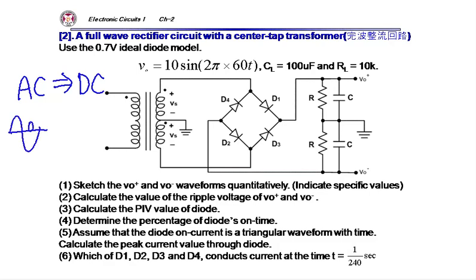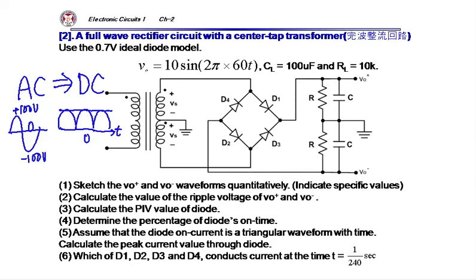Our power transmission system is based on AC, so we have to convert this AC voltage into DC voltage, right? It just converts like that, just the positive part. If I use some regulator, this will become very flat DC, okay?